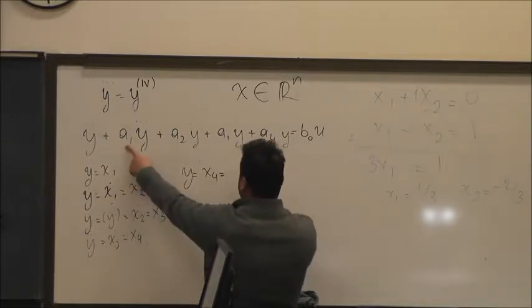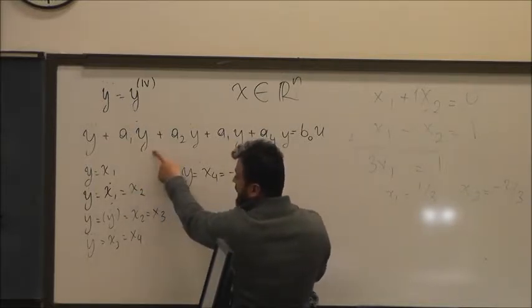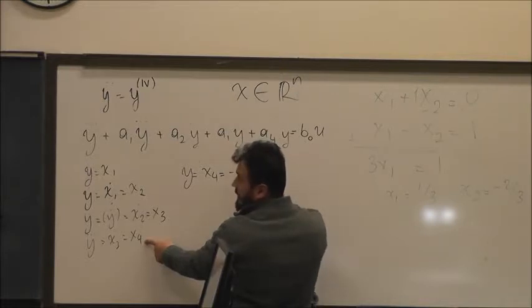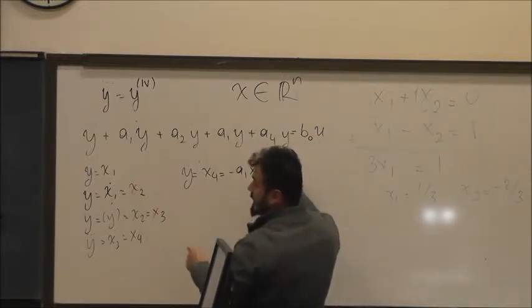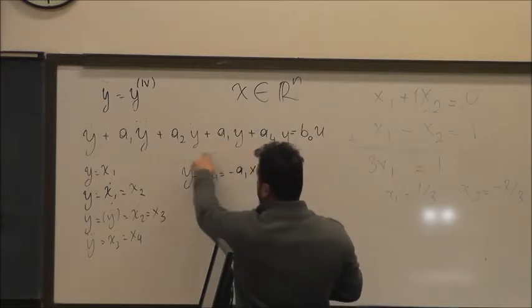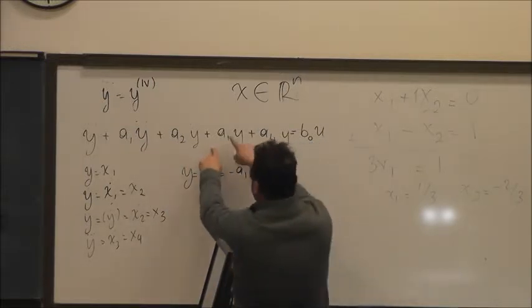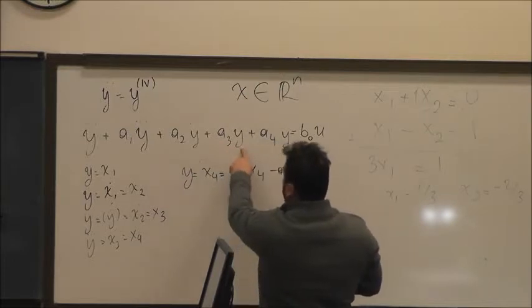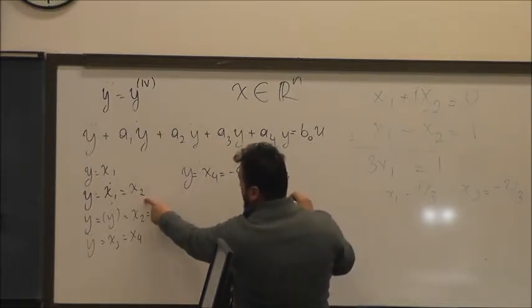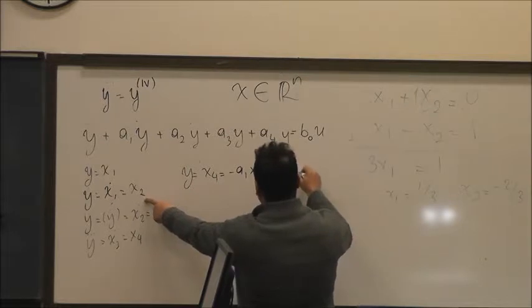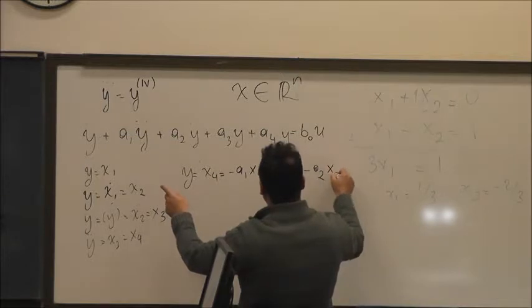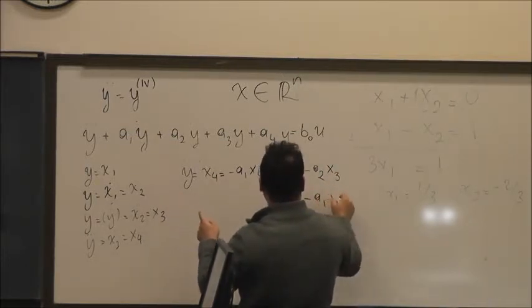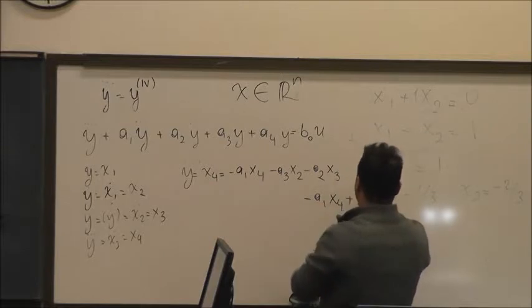Which equals minus a1 y3 dot, which equals x4 minus a3, oh wait, here, x2 minus a2 x3 minus a1 x4 plus my control.